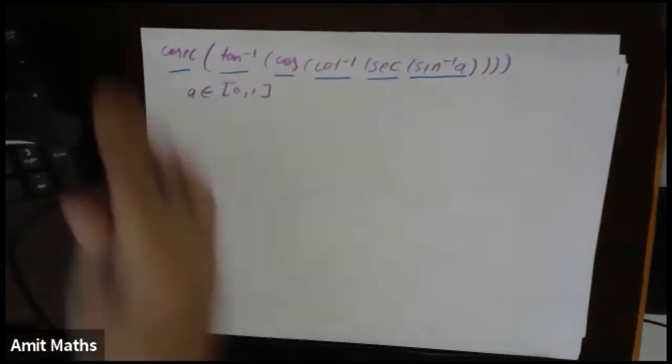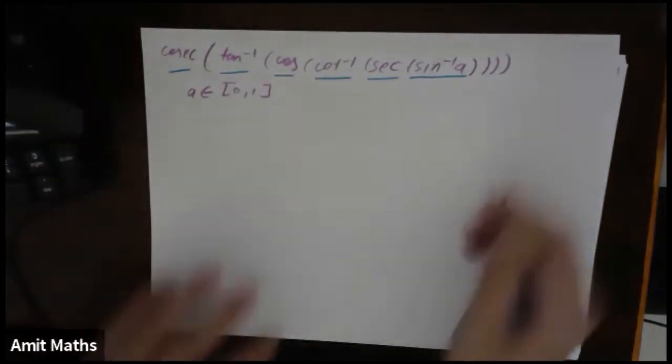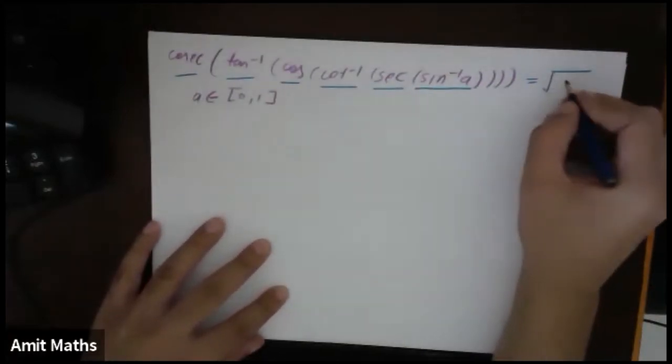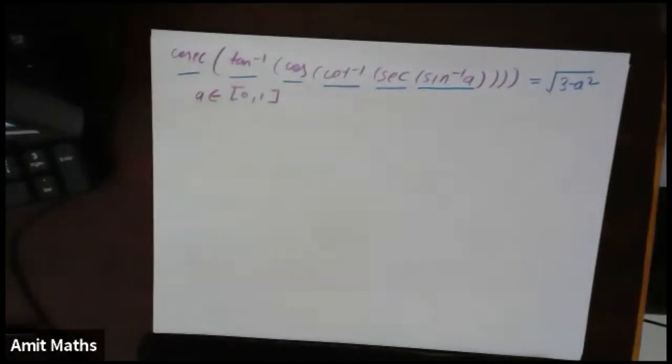Just write it carefully and try to solve it. In terms of A, the answer you should get is root of 3 minus A square. I'll give you 2 minutes. Just try to solve this one.